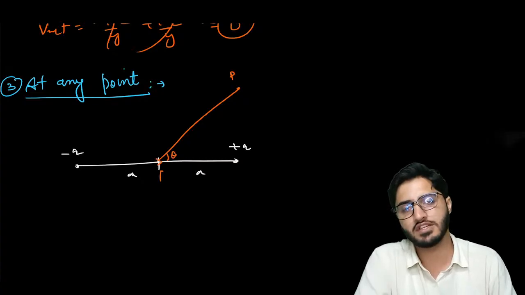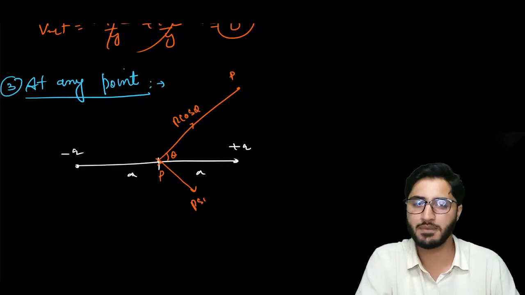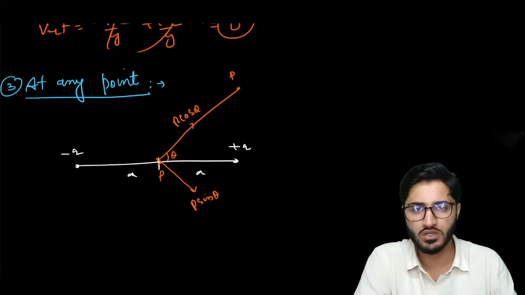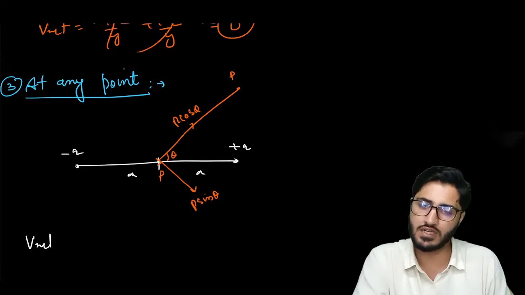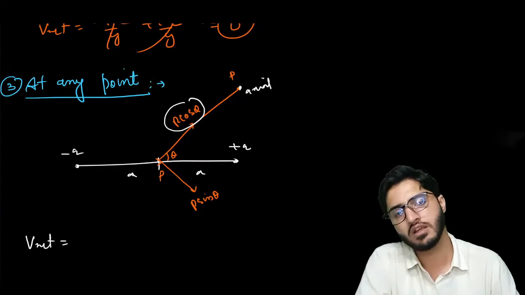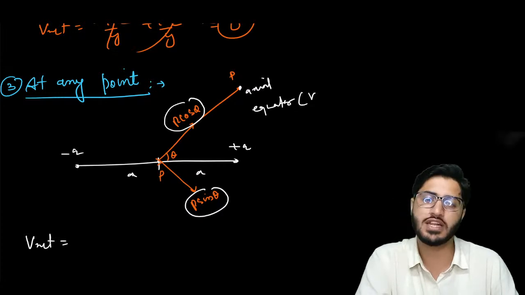If it is P, then this component would be P cos theta and this one would be P sin theta. Done? Okay, so what is V net? For P cos theta, the point is at the axial point. For P sin theta, the point will be at the equatorial point. And we know that at the equatorial point V is 0.